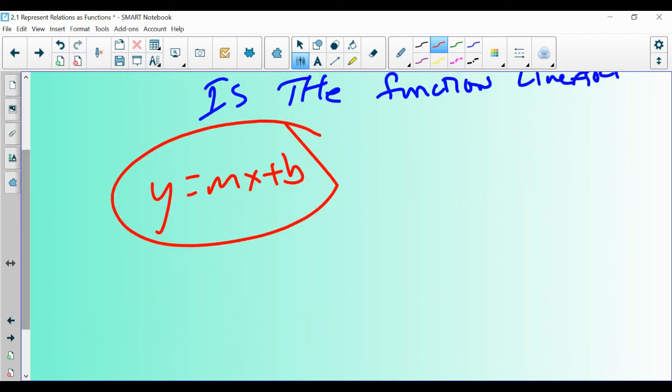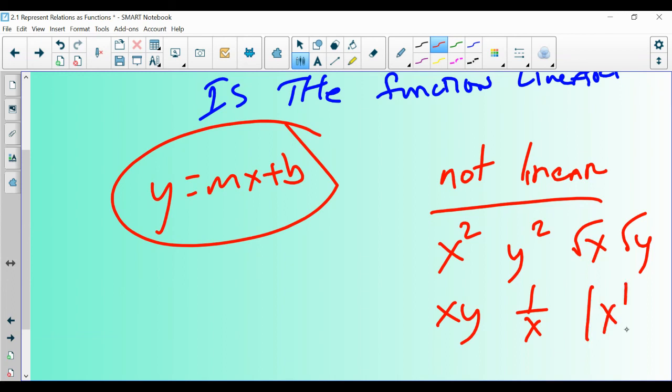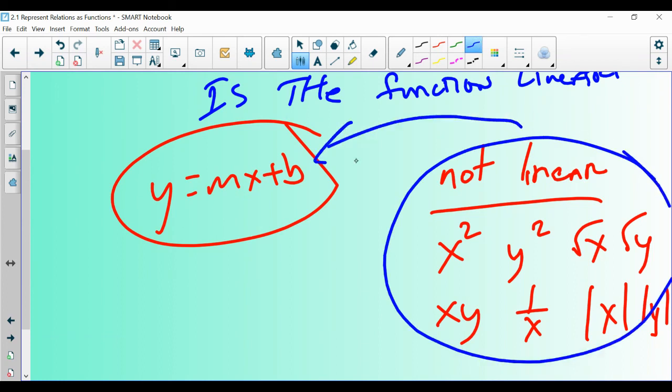Here's some things that are not linear. If it has an x squared in it, or a y squared, or a square root of x, or a square root of y. If it has x times y, or if it's like 1 over x, where x is in the denominator, or if it has absolute value of x, or absolute value of y. Okay, none of these things that I just listed look like y equals mx plus b, right?